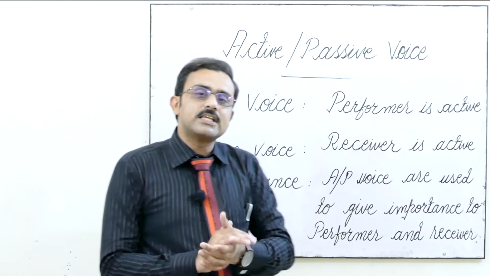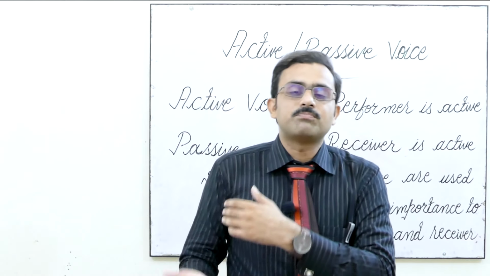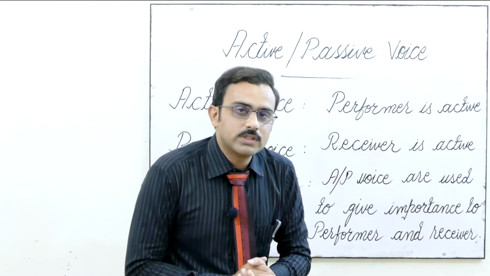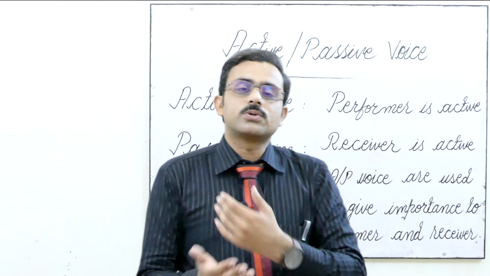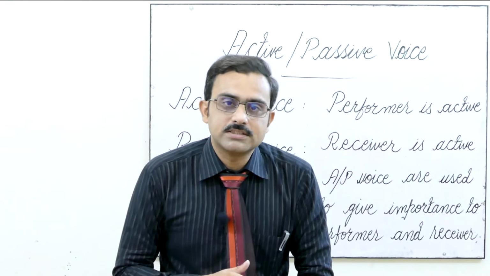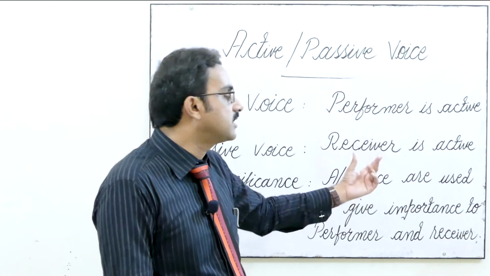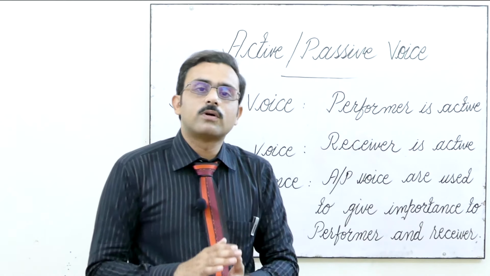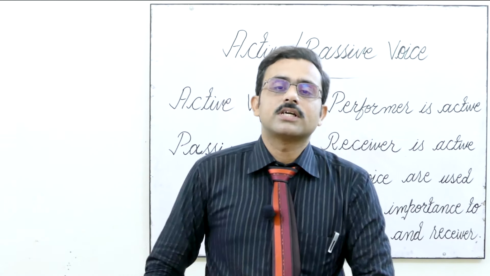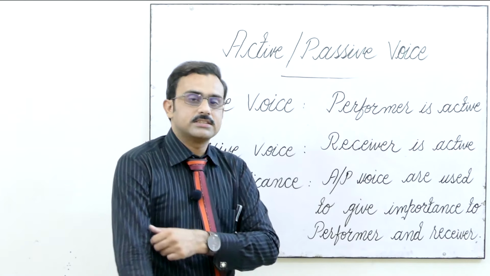So what is the significance? Why do we change active into passive and passive into active? Okay guys, let me tell you one thing. When the writer or the storyteller or the book writer wants to give prominence to the subject, they use active sentences. And when they want to specify the object, to give importance to the object, they use passive sentences.